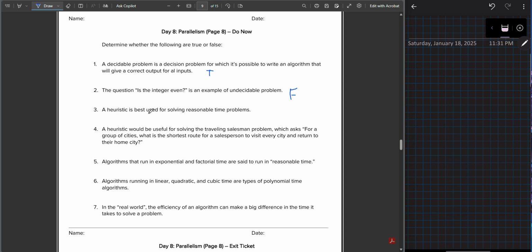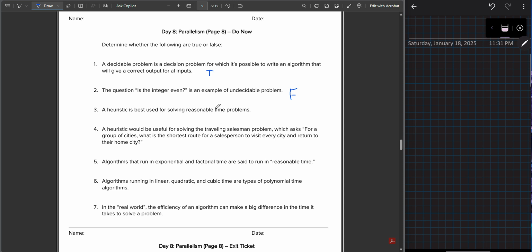Number three, a heuristic is best used for solving reasonable time problems. If you remember, a heuristic means that it's not a solution, but a good enough approximation. For complex problems, this is best. Reasonable time problems are problems that can be solved in linear time, sublinear time, so they're not as complex.